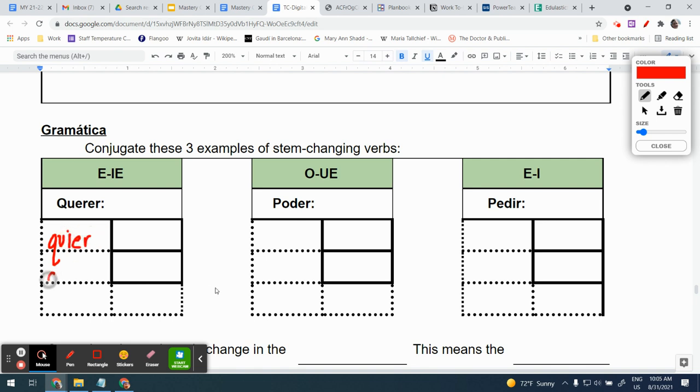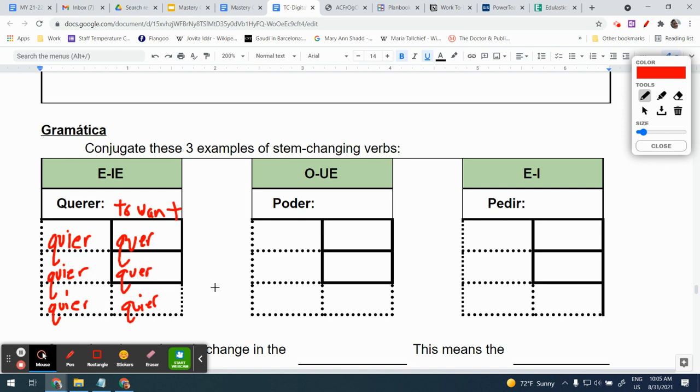QUIER. And it would be the same in all of the boot. Outside of the boot, meaning the nosotros and vosotros form, we would just have quer.